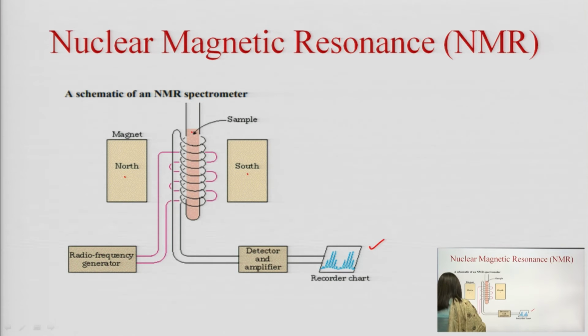Here is the coil which generates the radio frequency, around the sample in the presence of these two magnetic poles.